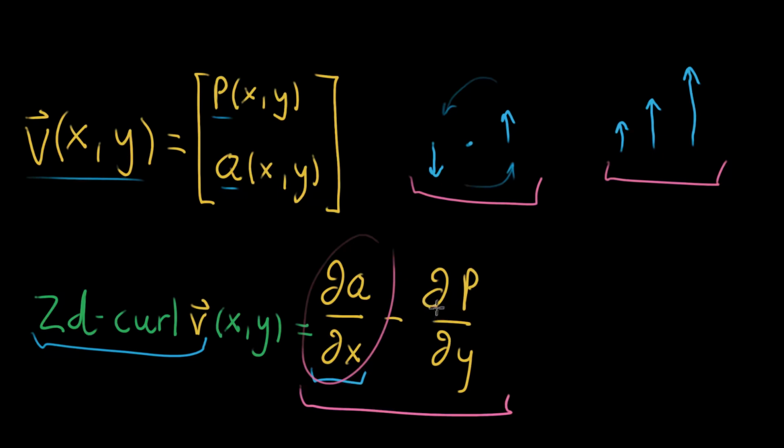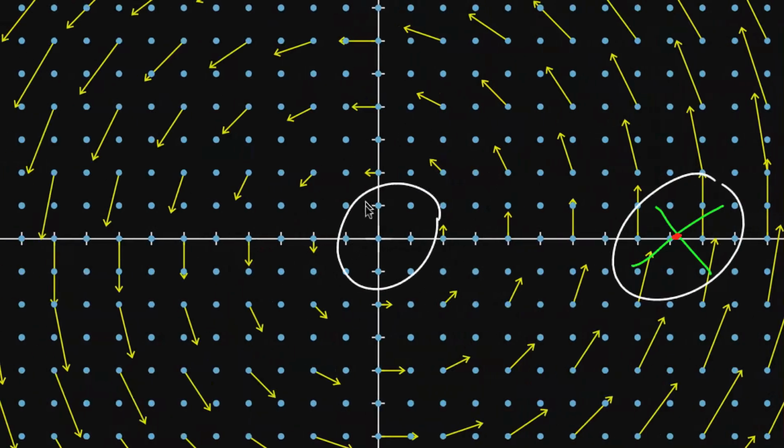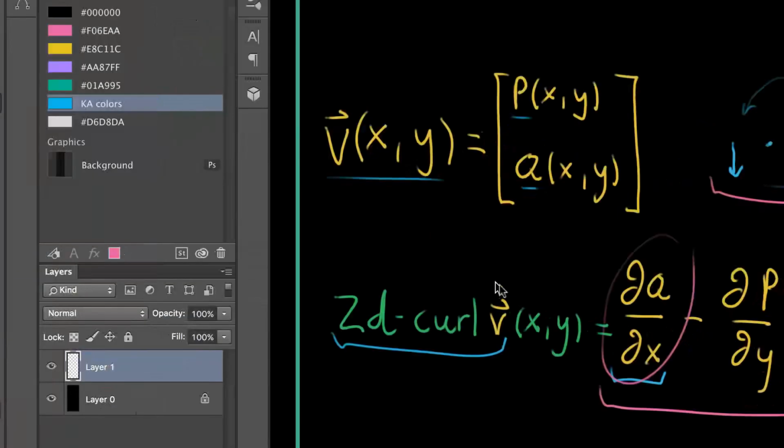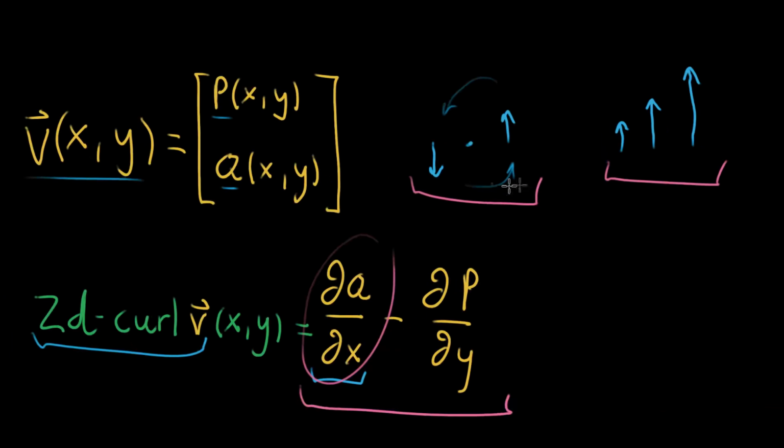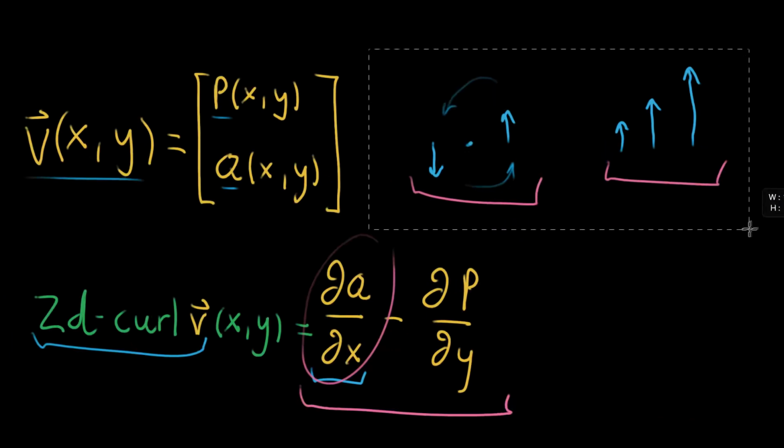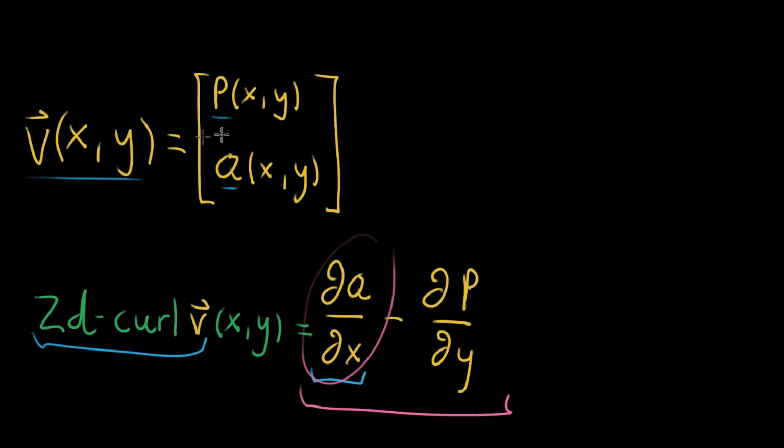So let me go ahead and walk through this example in terms of the formula representing the vector field. It's a relatively straightforward formula, actually. So P and Q: that x component p is going to be negative y, and the y component q is equal to x.